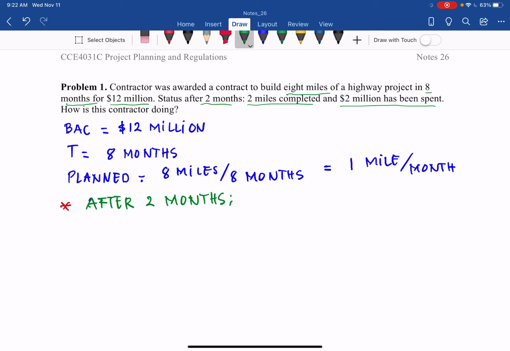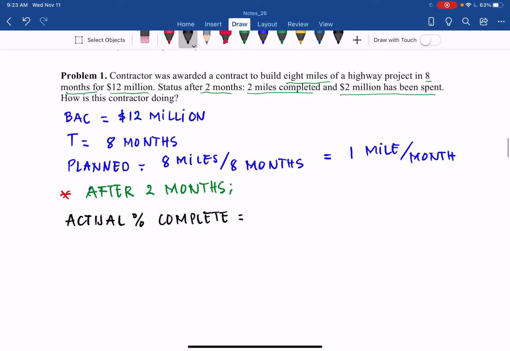It means that the actual percent complete is 2 miles out of the total of 8 miles. So the actual percent complete is 25%.